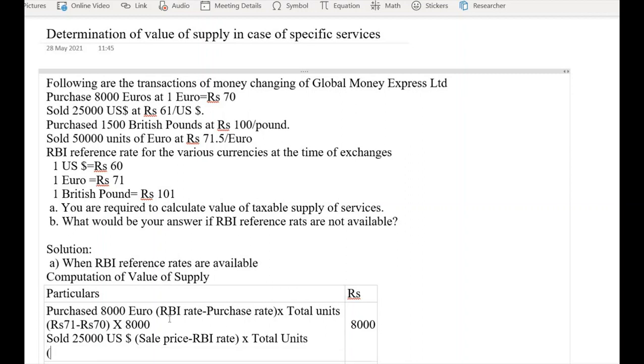So when we substitute the values, rupees 61 minus rupees 60 multiplied by 25,000, that comes to rupees 25,000.